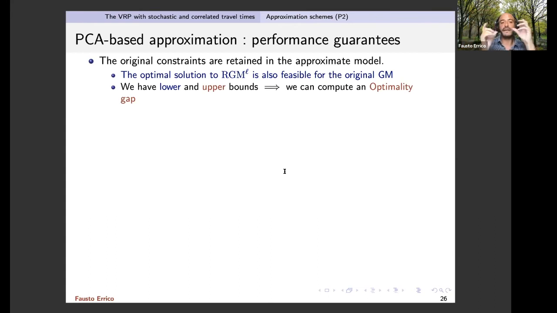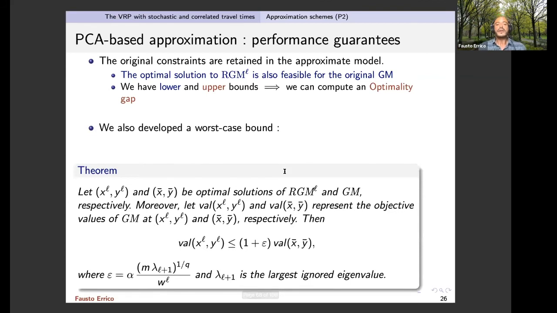So we can build optimality gaps. When we have a solution, we already know how far we are in the worst case from the optimal solution.